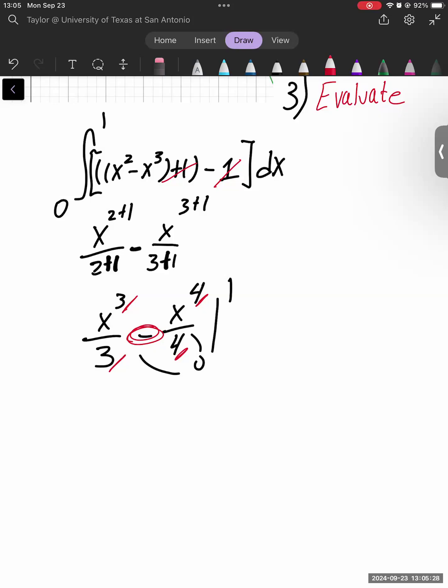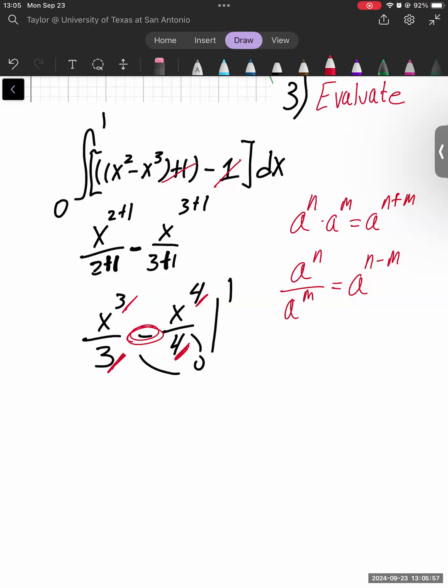What I think you're thinking of is a to the n times a to the m equals a to the n plus m. And for division, a to the n over a to the m equals a to the n minus m. And the denominators, we just can't cancel them because they're different. They're different bases. Yeah.